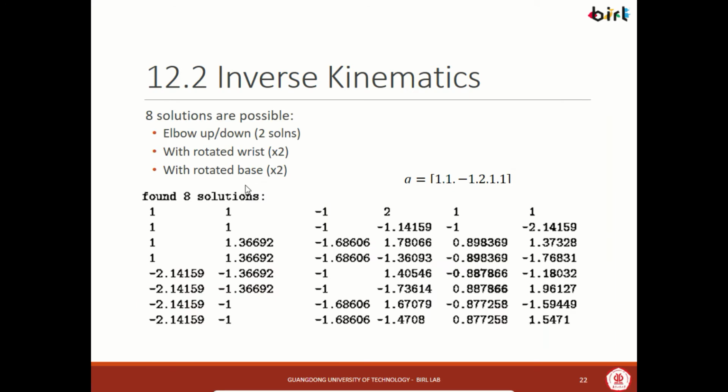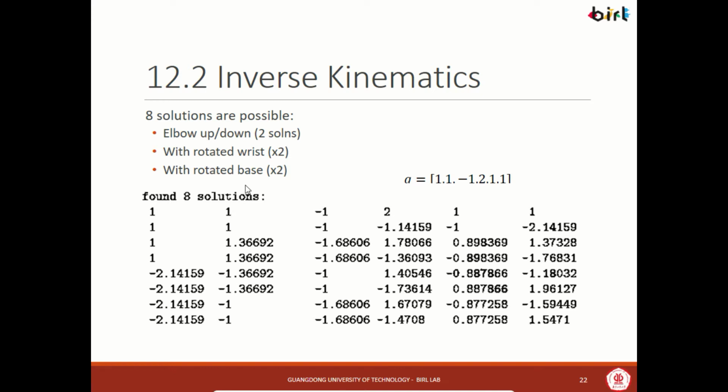For example, in this case, we have up to 8 solutions that are possible when we have a reachable point. What are those? As before, we have the elbow up and down solutions. But on top of that, because now we have the ability to rotate the wrist, we might have an elbow up, but with my wrist like this, or with my wrist rotated 180 degrees.